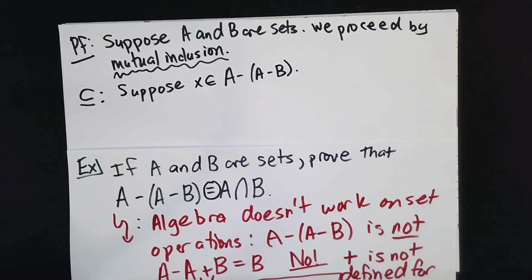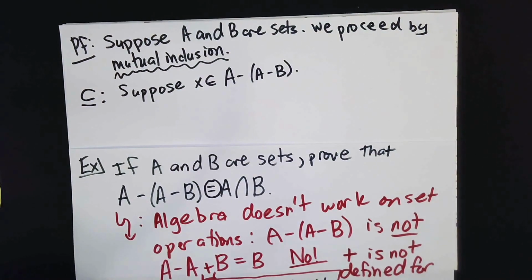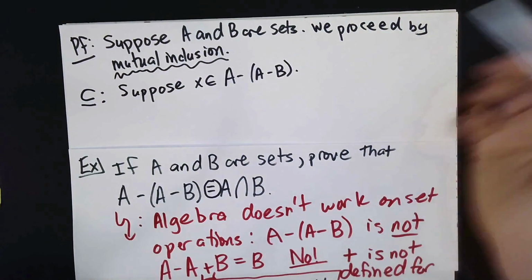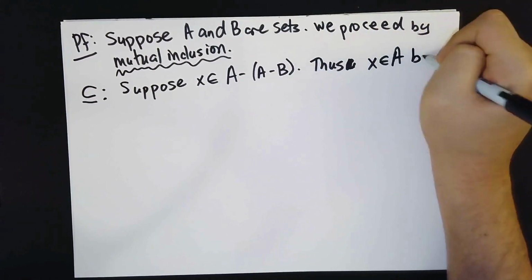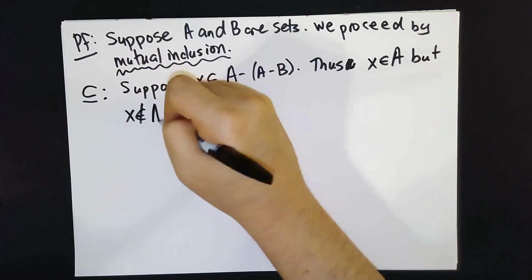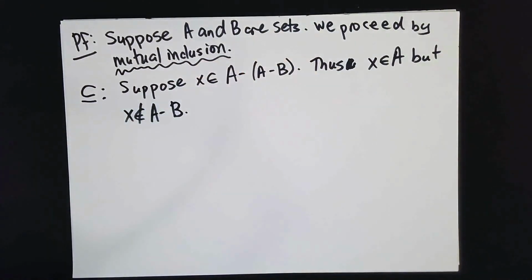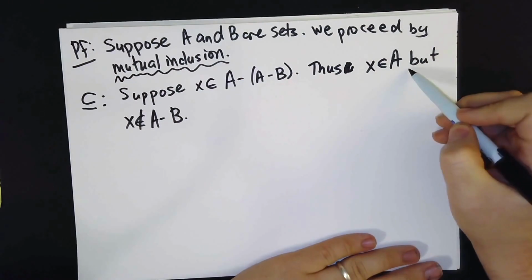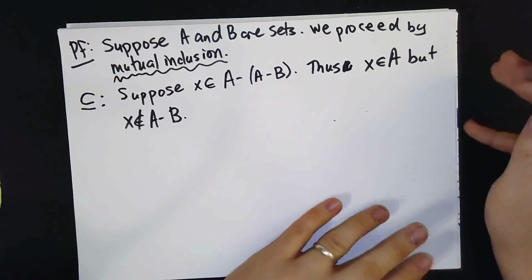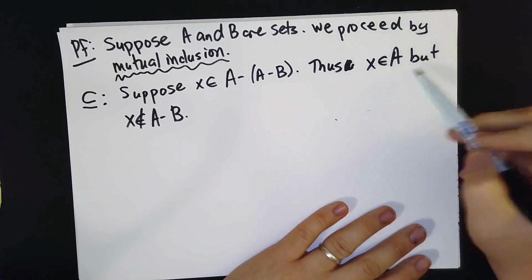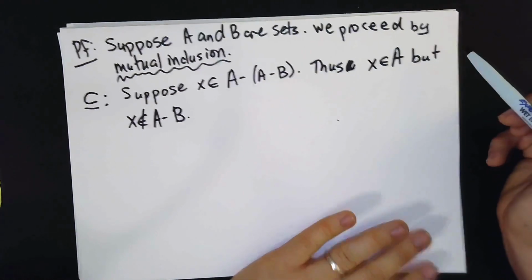So I'll suppose that I have an element x of A minus (A minus B). Now I need to write out what that means. Thus, x is in A, but x is not in A minus B. Again, note this word 'but' is just a fancy way to say 'and' that reads a little nicer in English. But logically it is nothing but an 'and'.